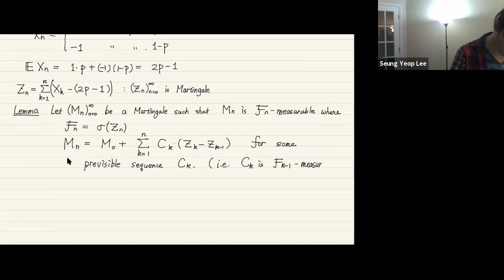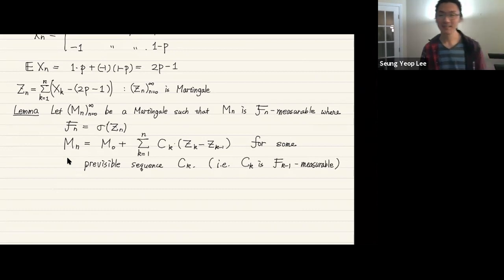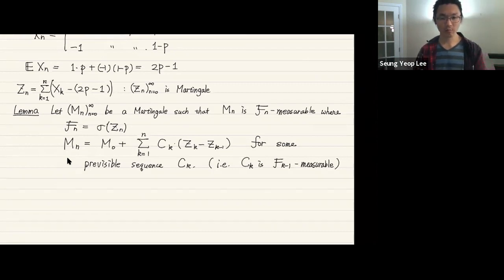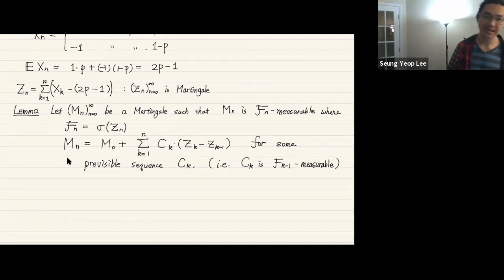Whenever there is another martingale which can be determined if the martingale Zn is determined, then those two martingales can be represented by one another through a certain martingale transform. So you can find Ck such that this is true.